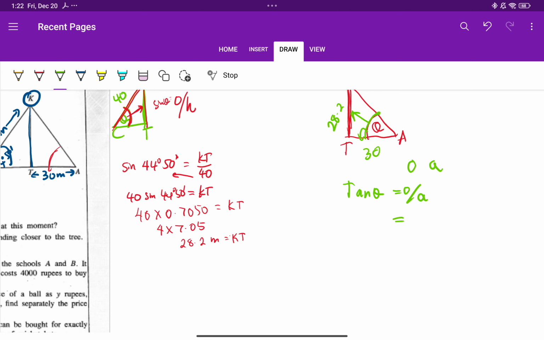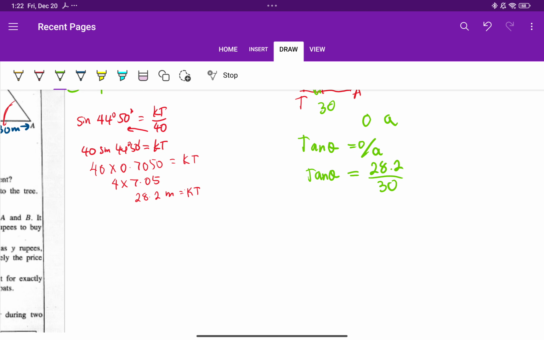So tan theta is equal to 28.2, the opposite side length, over 30. This gives us 0.94. So theta is tan inverse 0.94.